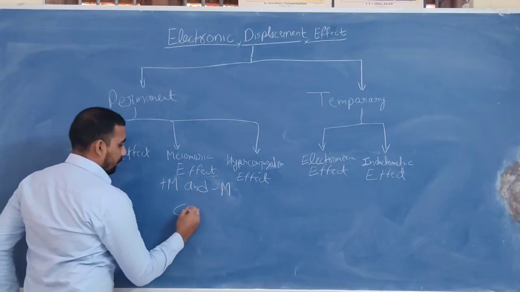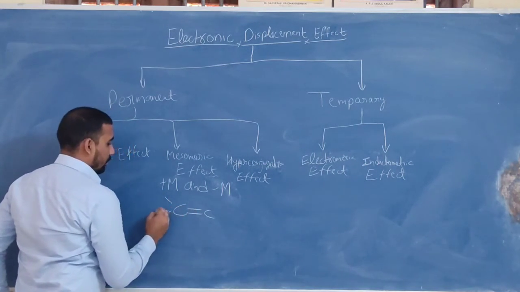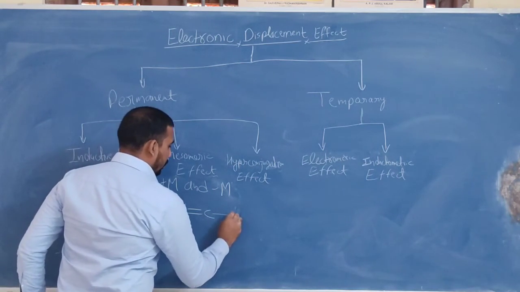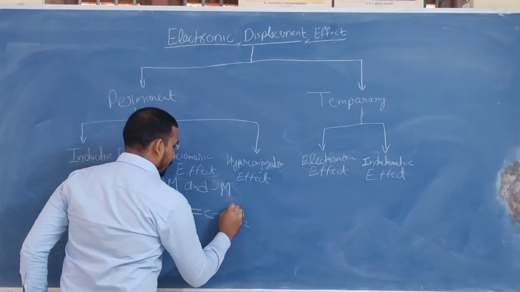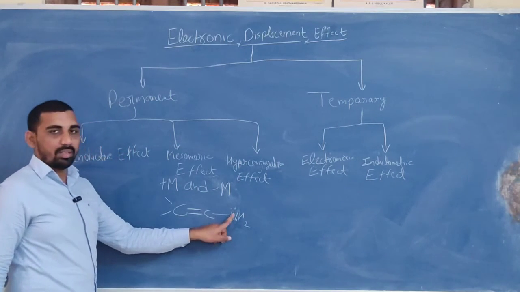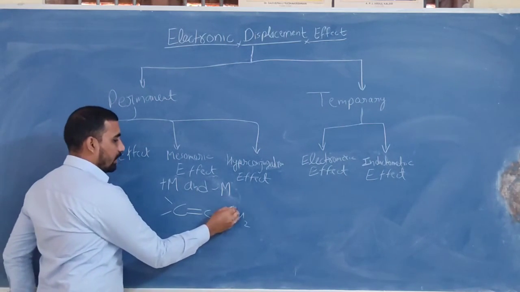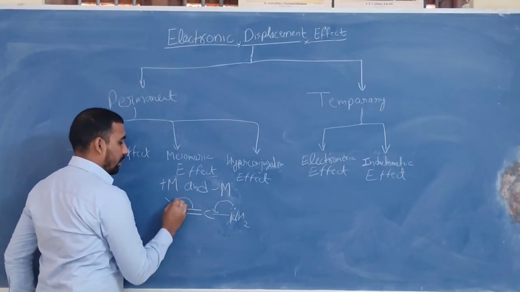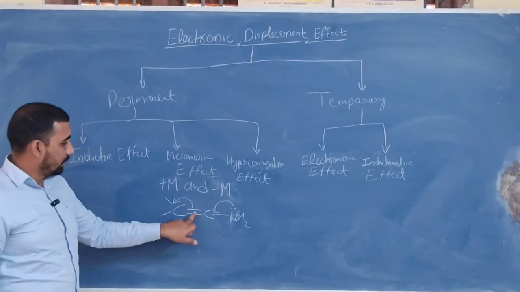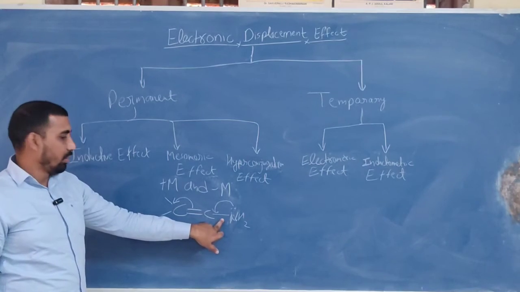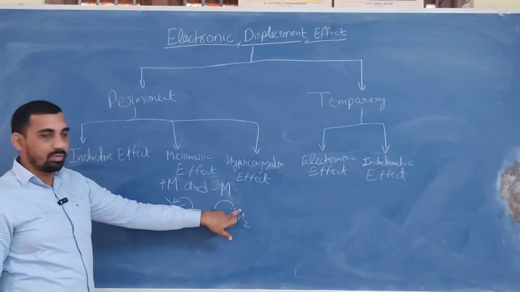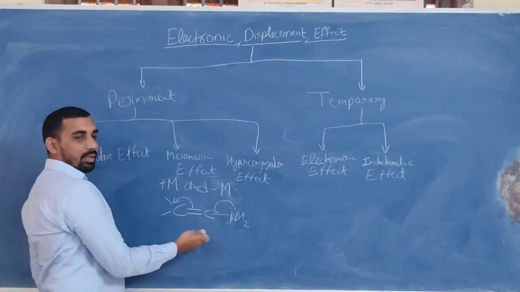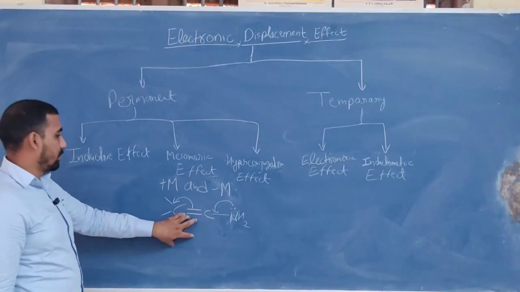Let's say we have NH2. This is a lone pair containing species. Now it will give the electron into the pi orbital like this. Then this bond will break and one double bond will form here with a positive charge on nitrogen. This is plus M, where the group is pushing electron density into the pi electron system.